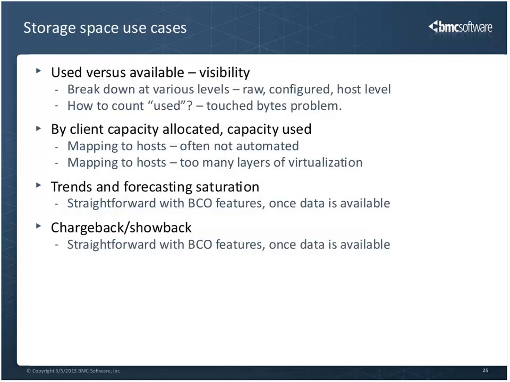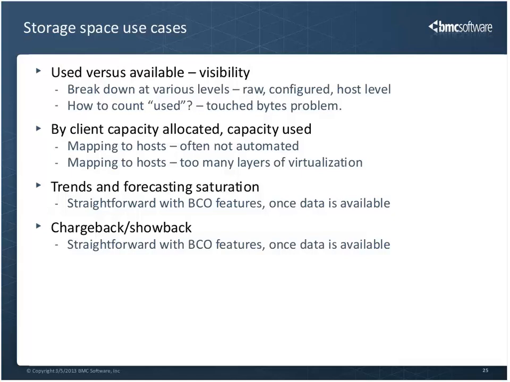So let's look at these in a little more detail. In the case of storage space use cases, where we said you want to see used versus available, what we call visibility, the point is you can break this down at various levels. When you say storage space, what do you really mean? Do you mean the raw space at the back end where the disks are actually attached to the array? Or the configured level, where you created RAID groups and now you're talking about the space available at that point after you paid the tax?